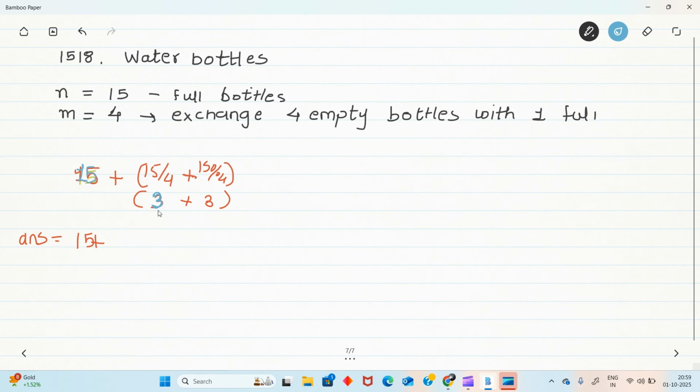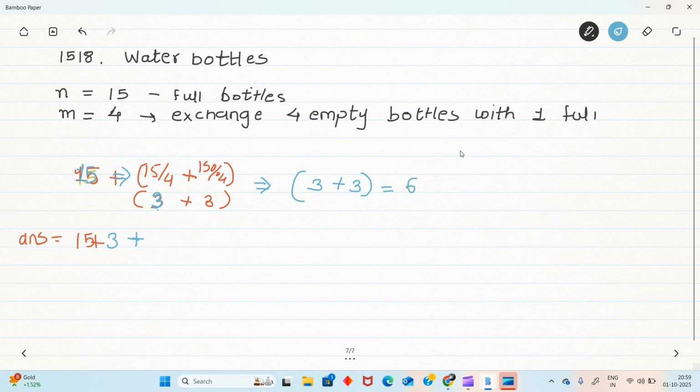Now I can drink these 3, so I will add this to our answer. If I drink these 3, I'll get 3 empty bottles, and initially there were 3 empty bottles, so in total I now have 6 empty bottles.